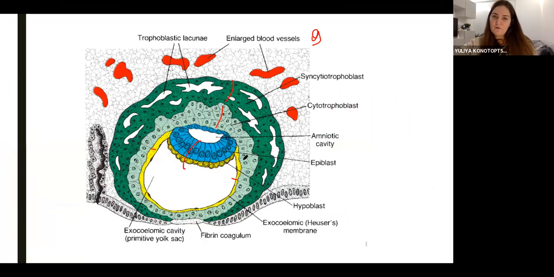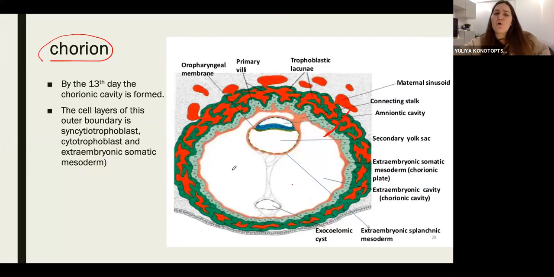Don't forget this Heuser's membrane right here is intact for now, but later it splits. It gives you 2, the somatopleuric and the splanchnopleuric mesoderms, and the space between the 2, that's the chorionic cavity, right? So the chorionic cavity will be between the 2. Will you have the chorionic cavity when you're born?